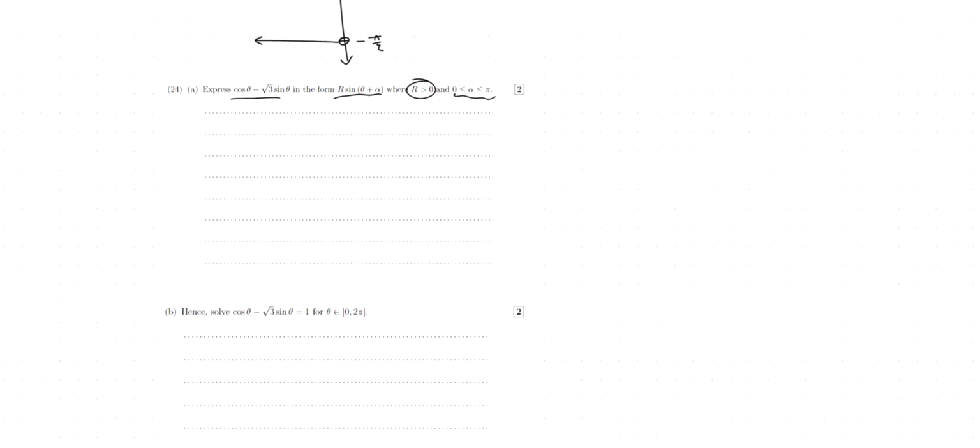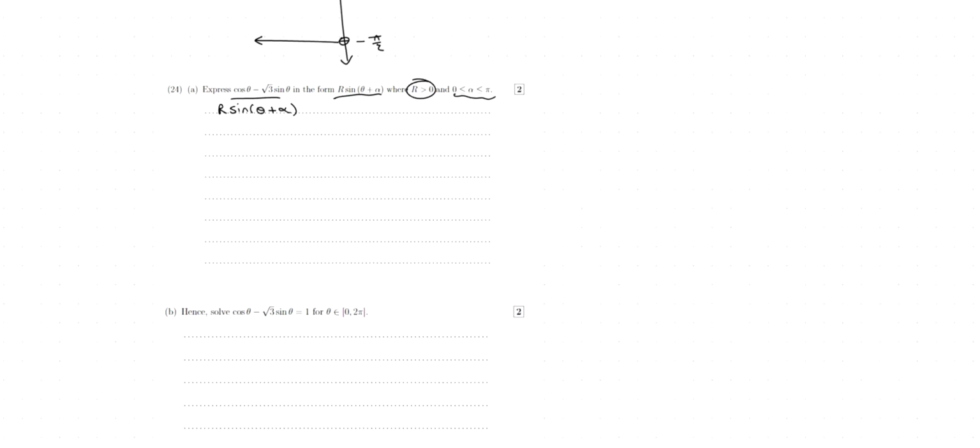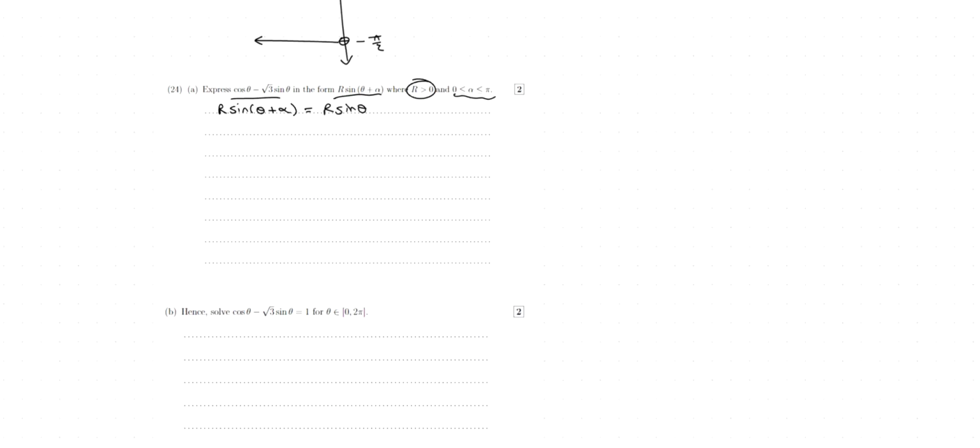I don't remember, but I know you expand it. I think you expand the r sine theta plus alpha. Sure. So what is this expansion going to look like? So it'd be r sine theta cos alpha, plus r cos theta sine alpha. Yep.